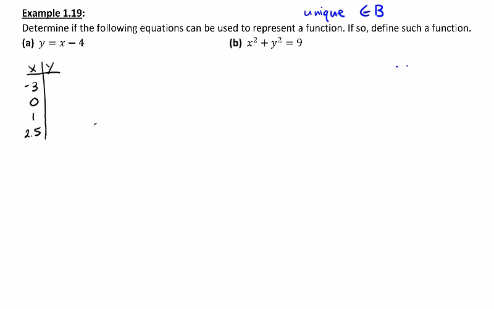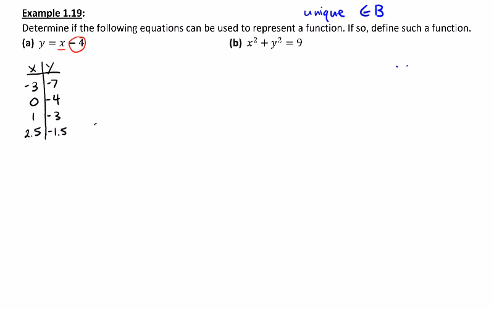According to the equation, I'm always supposed to take a number and subtract 4. So I take -3, subtract 4, I get -7. 0 would then map to -4, 1 would map to -3, 2.5 would map to -1.5.